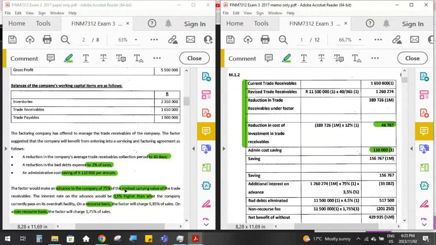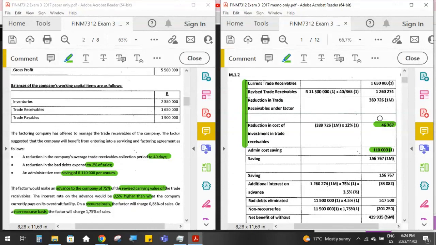And on that advance, they are going to charge me 3.5% more than the 12% that I've already calculated there. So I'm only working out the additional 3.5% over here, because I've already worked out 12% on the full investment over here.